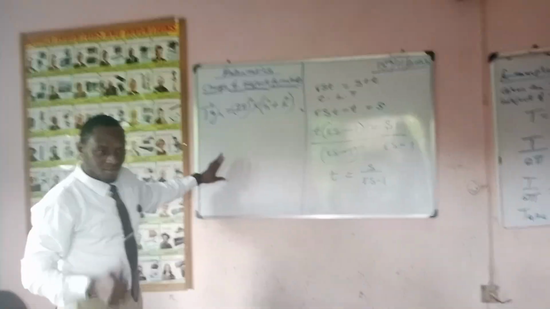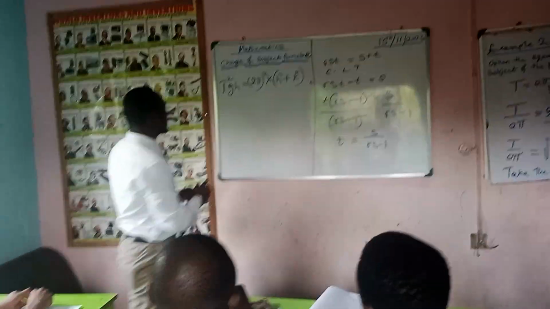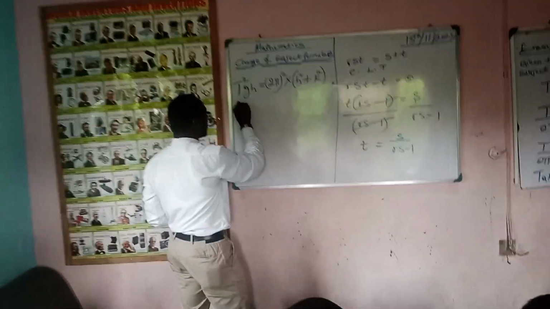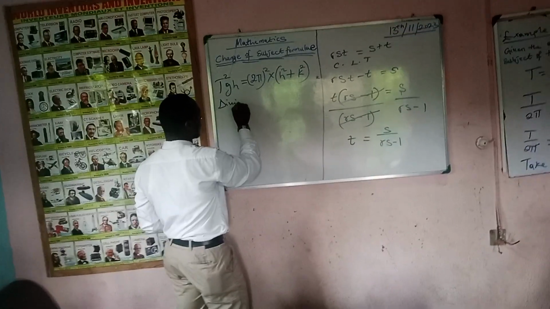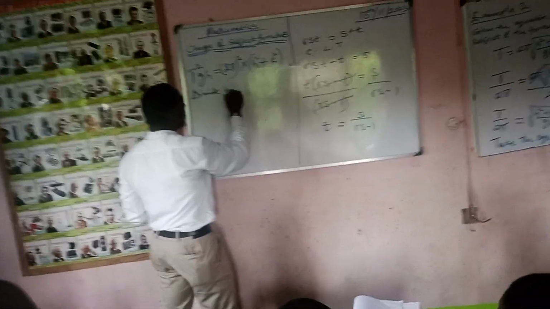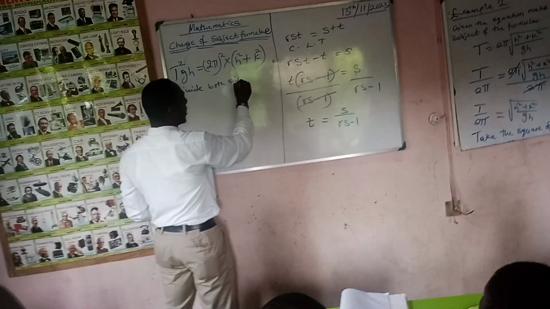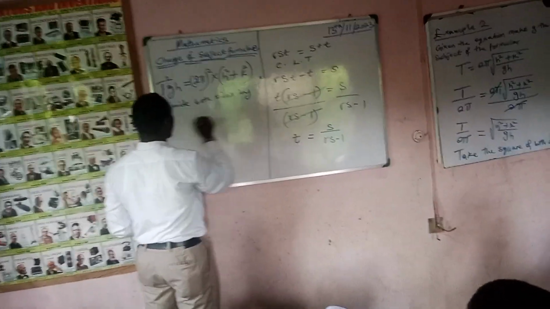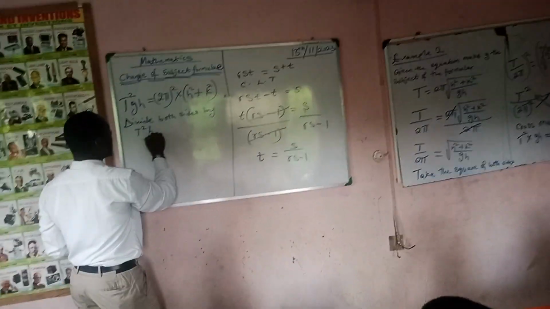We divide by t squared h. Thank you. We divide both sides by t squared h.